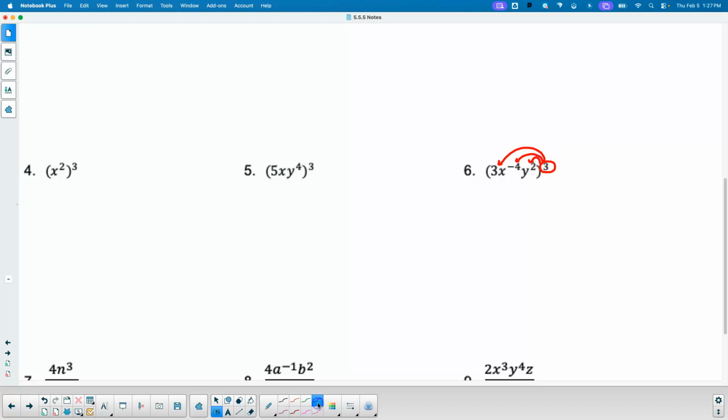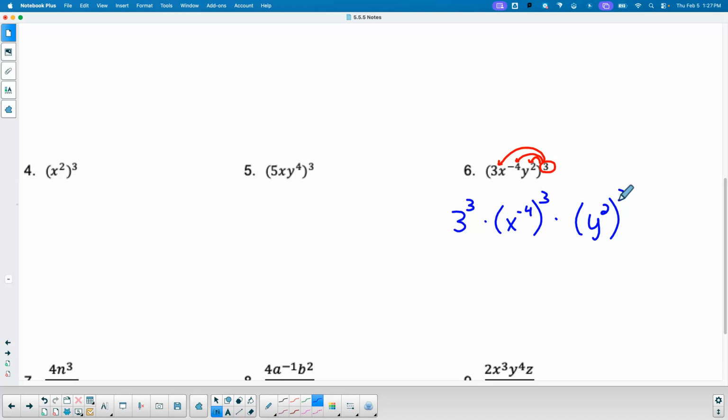So this would become 3 cubed times x to the negative 4th to the 3rd power times y squared to the 3rd power.